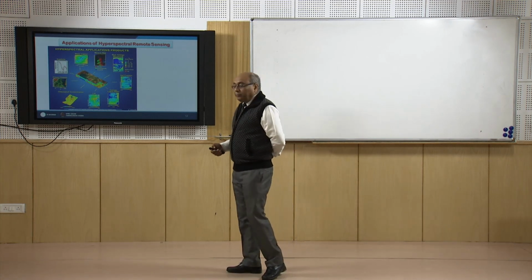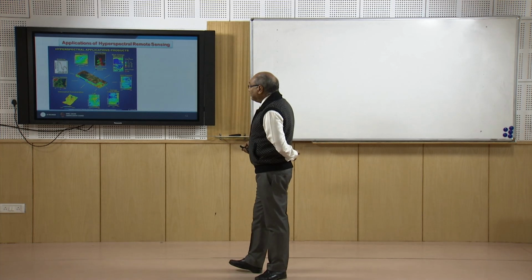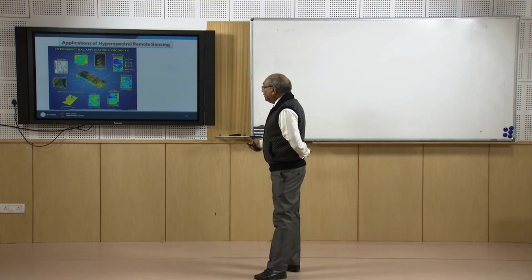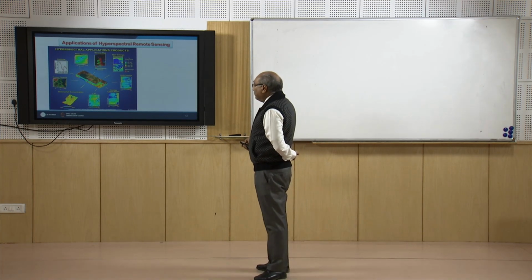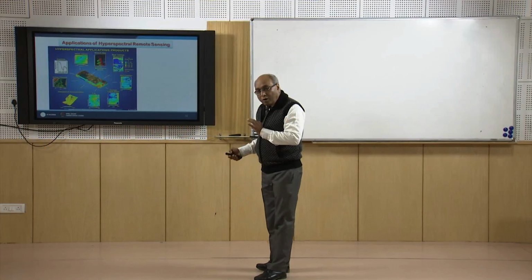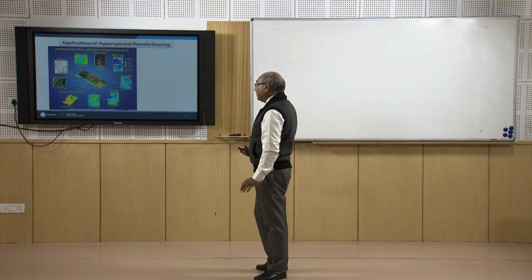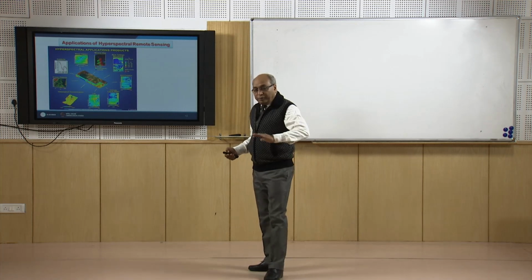Now when we look at the applications, some of them I have already discussed. The major ones, let's start from the top, the mineral map. Doing mineral mapping, searching for alteration zones. Slight changes in mineral properties can now be detected by using hyperspectral remote sensing. Of course, it has to be exposed.